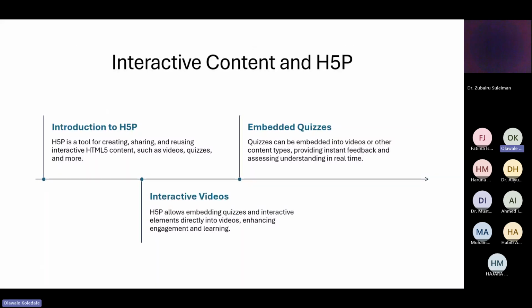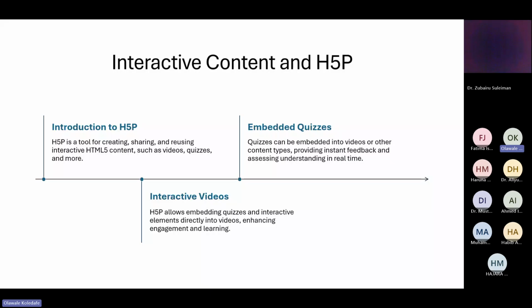Then I'm moving on. We'll talk about interactive content and H5P. This is another feature that's available in the Moodle Learning Management System. So interactive content, just like I said, is an authoring tool that helps you to create HTML5 content such as video, quizzes, and more without having to master how to write code.